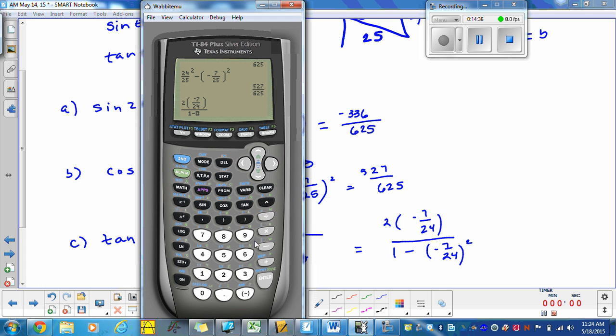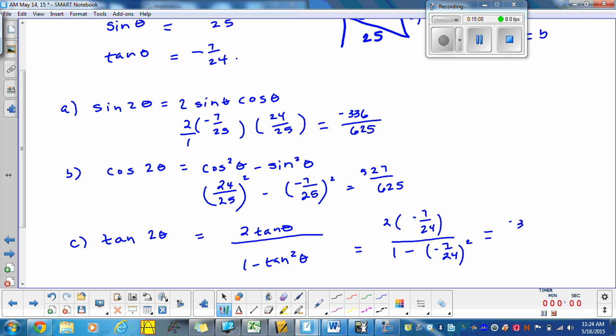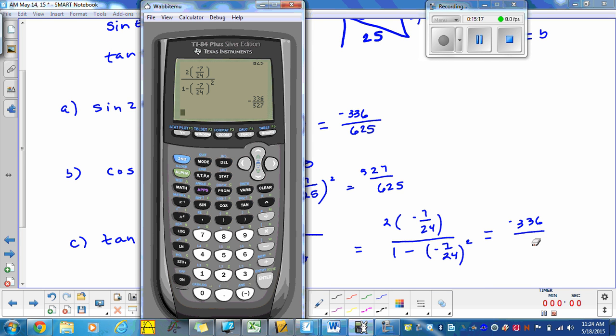And then 1 minus my fraction. And remember, this one's squared. So negative 7/24, and the whole fraction is squared. So I got out of the fraction to square it. And here we have negative 336 over, what was it over? 527.